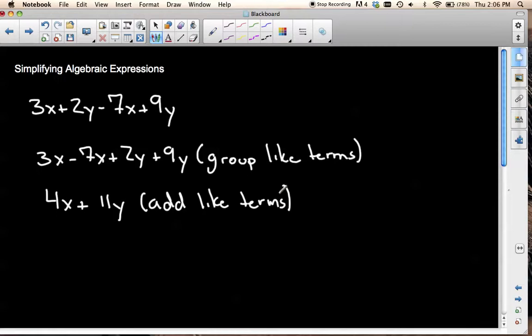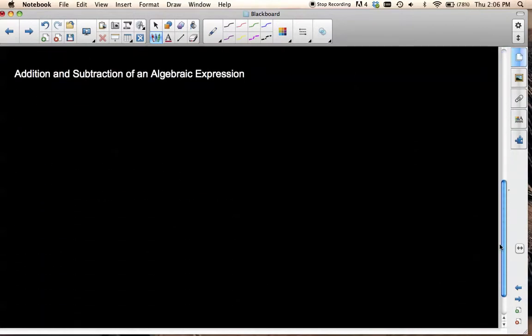Now what if we want to add and subtract algebraic expressions? We've talked about this a little bit, so we're going to look at addition and subtraction. Let's start off with a problem. Let's say we have 2x plus 5, and we have plus 4x minus 6.